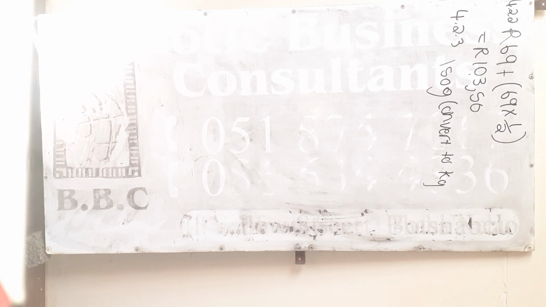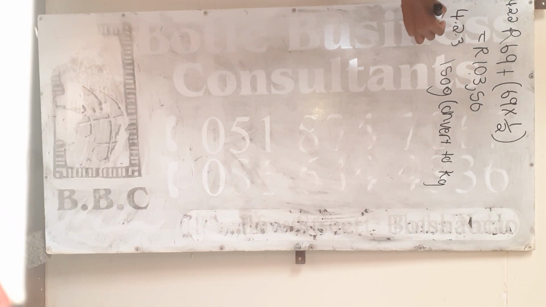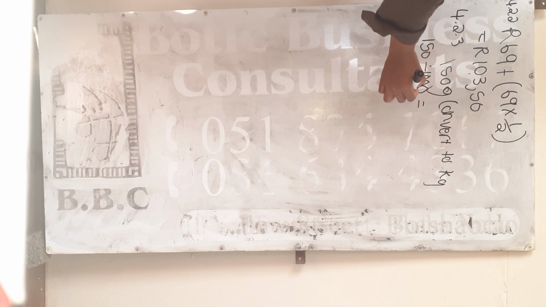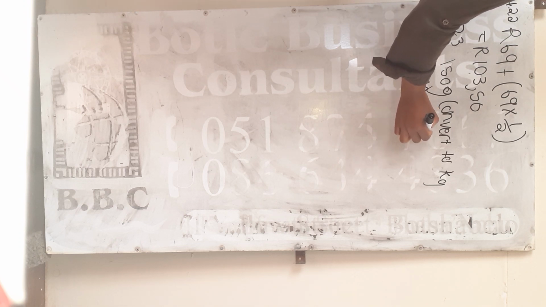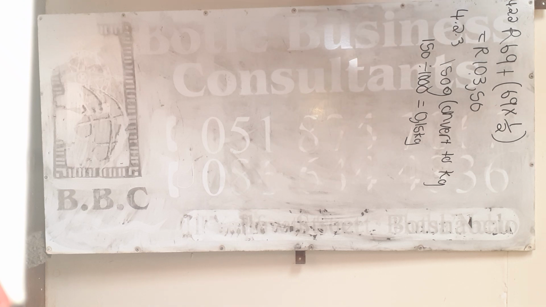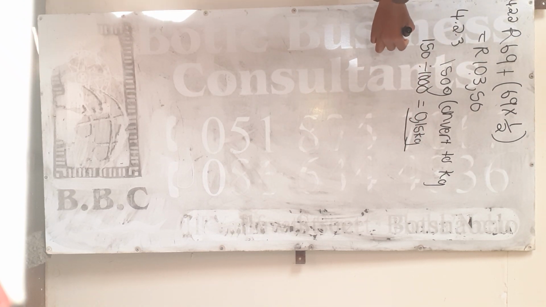So with kgs it's 1000, so we're just going to divide the 150 by 1000, and that will give us 0.15 kgs. So this is the kg of the bowl.